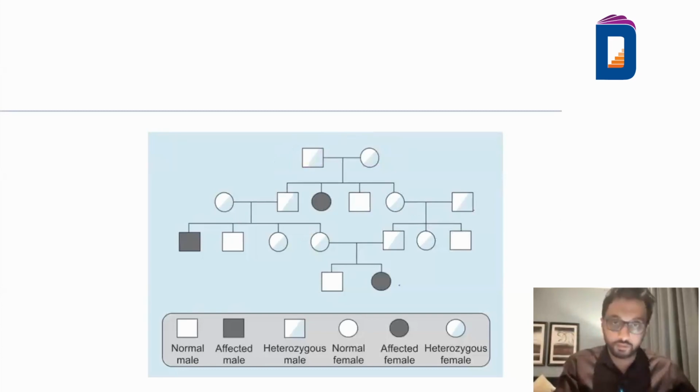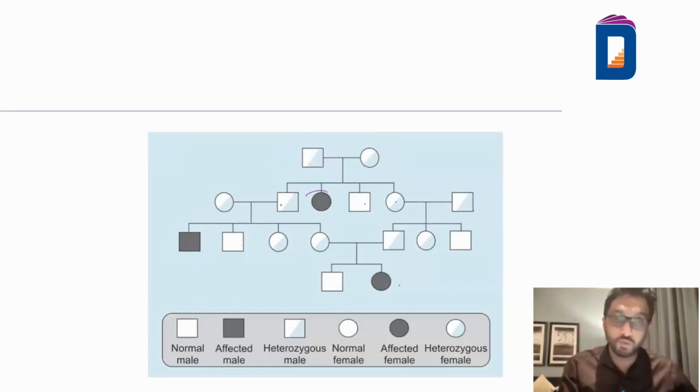It's a recessive trait. Now coming further, how many of the offspring are affected here? If you have 1, 2, 3, 4, that's 1/4, isn't it? 1 out of 4 is affected. If you just consider these progenies, 1, 2, 3, 4, 1 is affected.